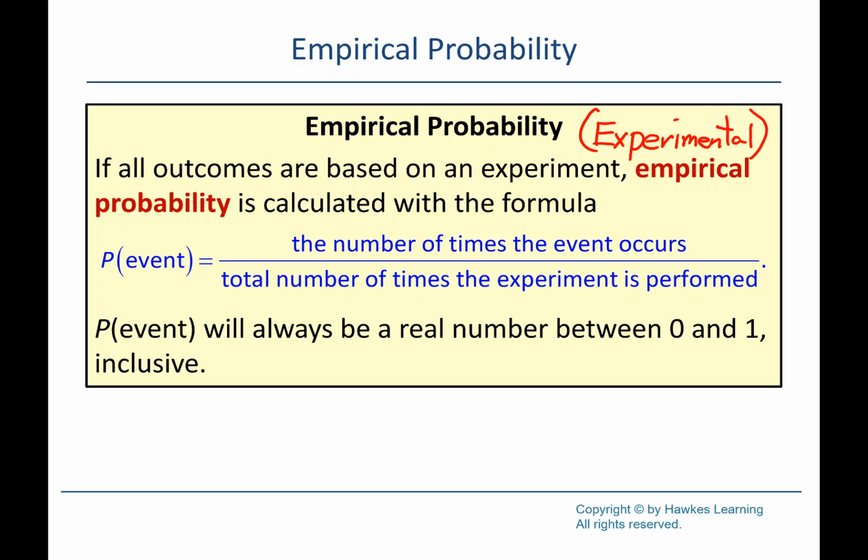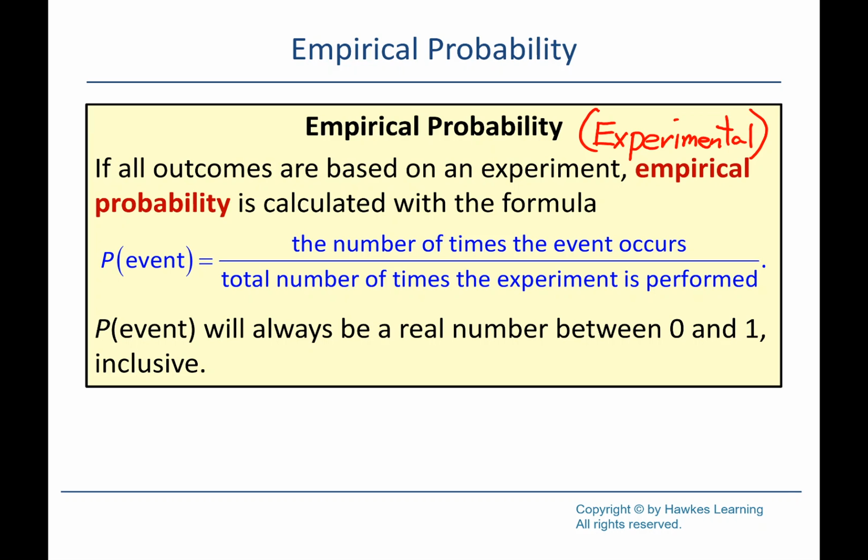That's not very practical, right? There are a lot of people alive. So instead I would maybe just ask everybody in this room what your favorite pizza topping is. Then I could take the people that said pepperoni divided by how many people I asked. That gives me empirical probability.